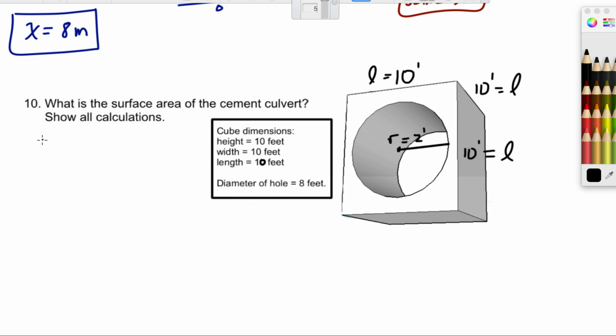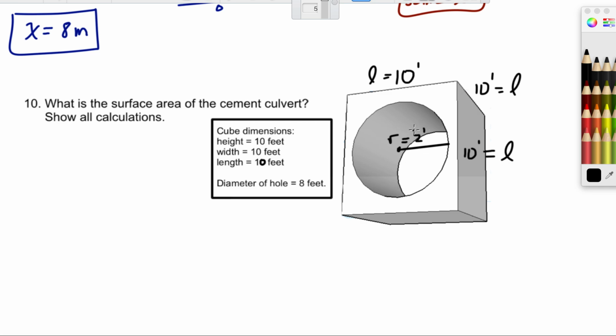Okay. So what is the surface area of this whole thing? So there's a couple ways to think about this. We have a cube that has a cylinder going through it, but the cylinder doesn't have the top and bottom circle.